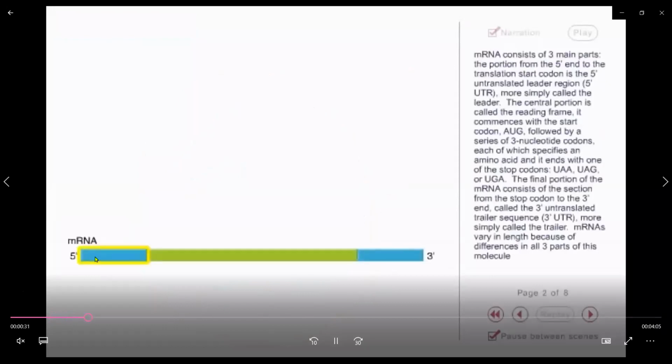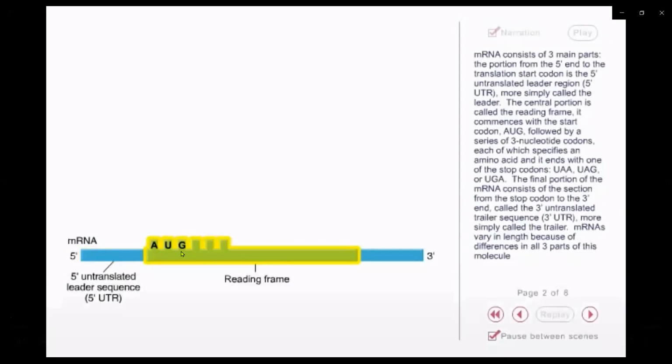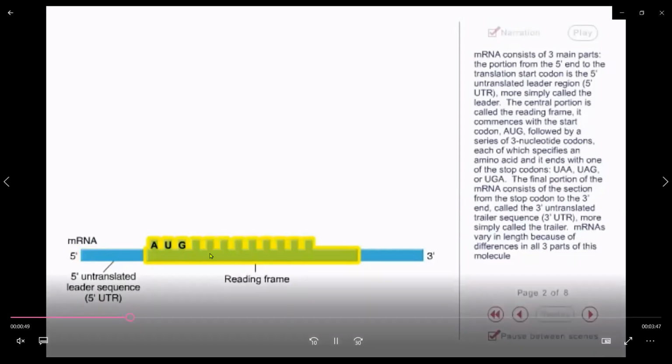The mRNA consists of three main parts. The portion from the 5' end to the translation start codon is the 5' untranslated leader sequence. Then we have the open reading frame, the central portion. It commences with the AUG start codon, followed by a series of 3 nucleotide codons, each of which specifies one amino acid.